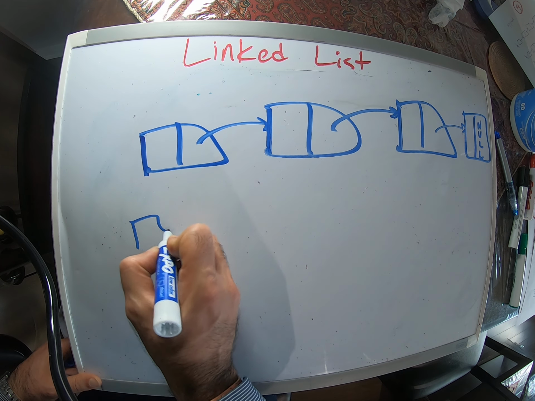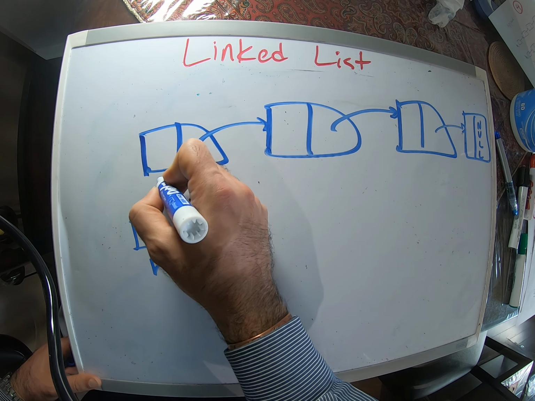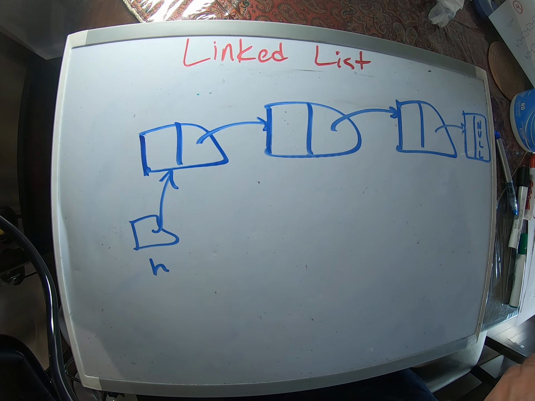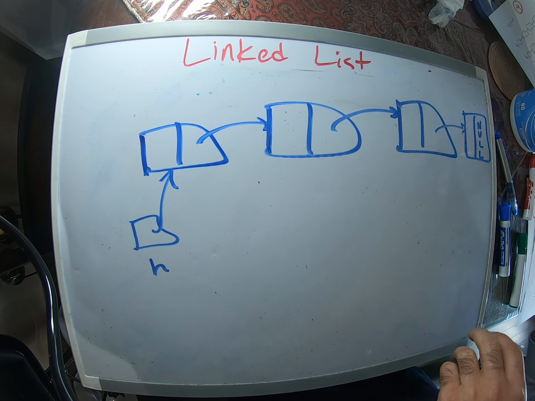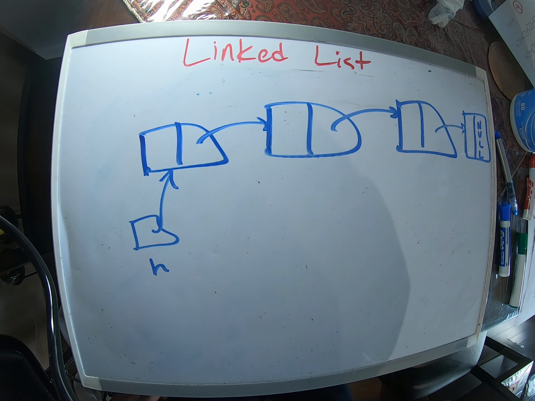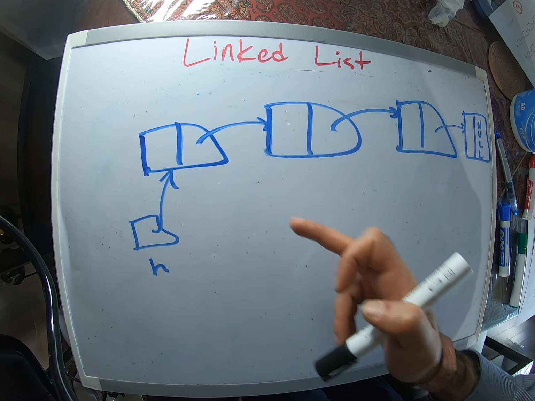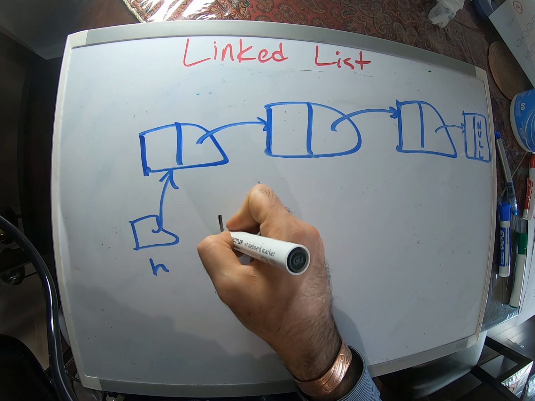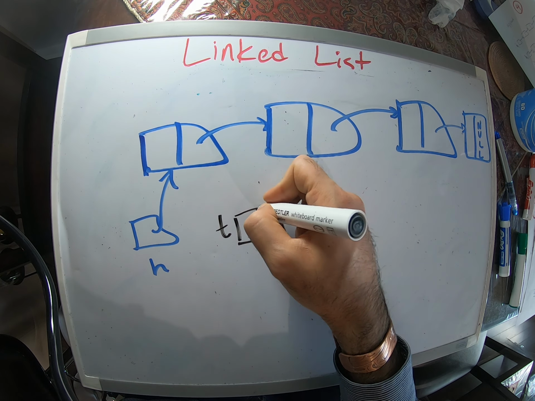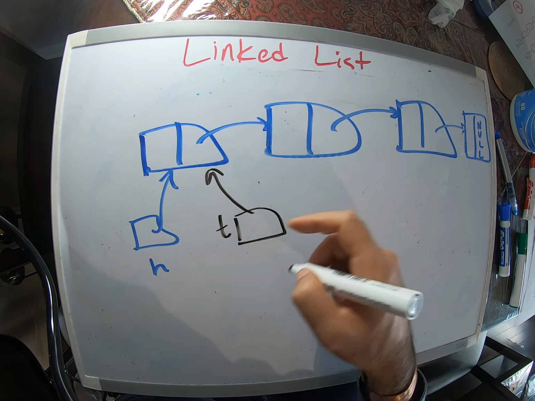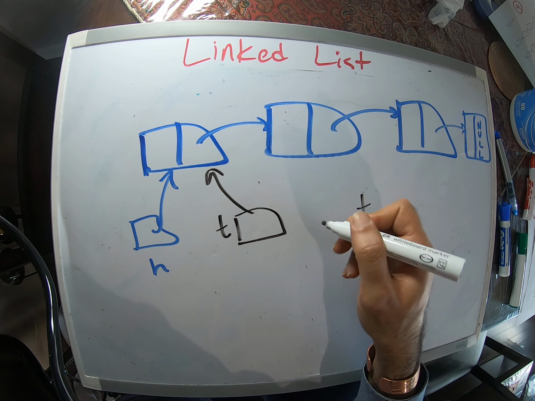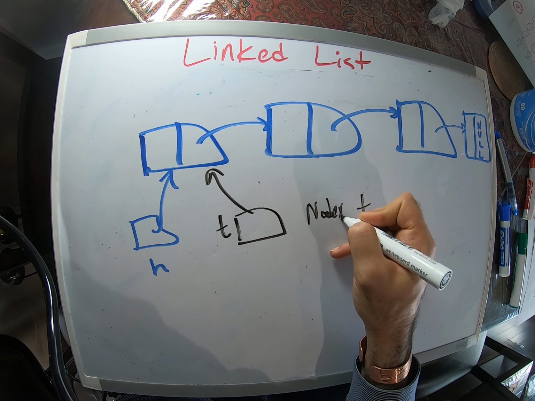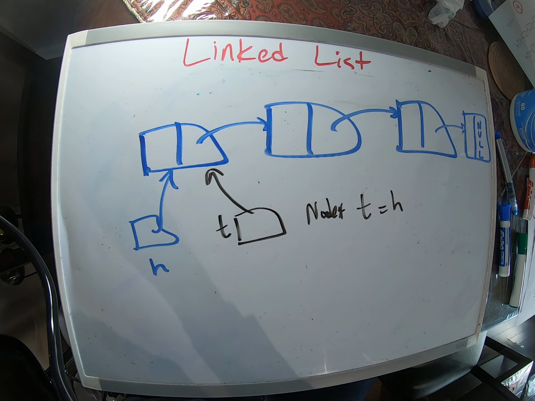And let's say this is our head pointer, pointing here. What if I just want to delete the first node? Okay, so first, I'm gonna initialize another pointer, node star T is equal to H.